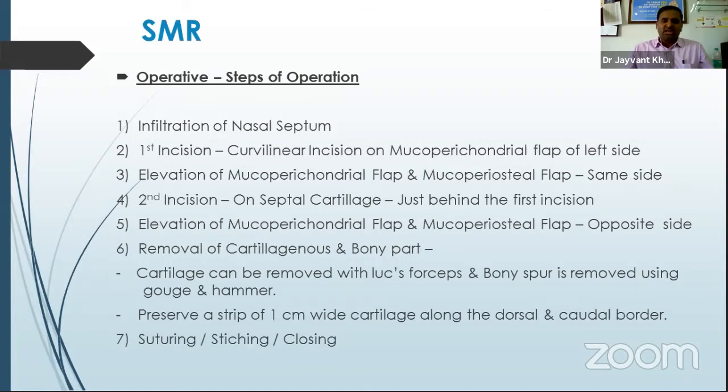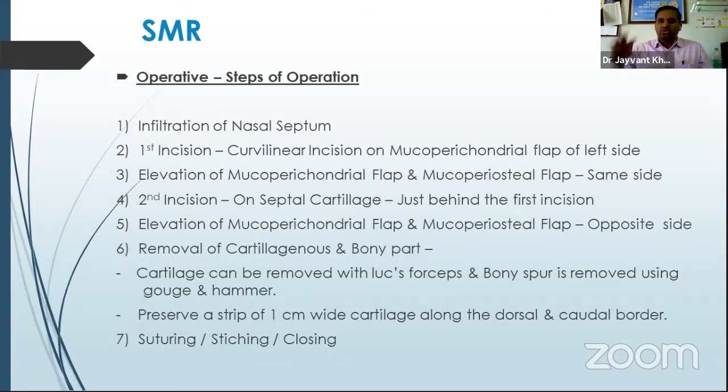Okay. Then when it is finished, you have to use the suction machine for the bleeding at the end of the nasal flaps or in the cavity of the nasal flaps.